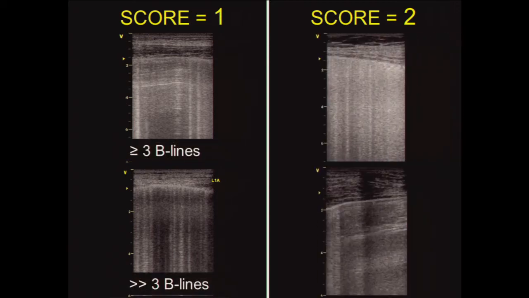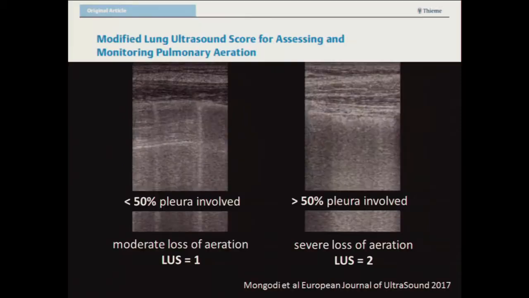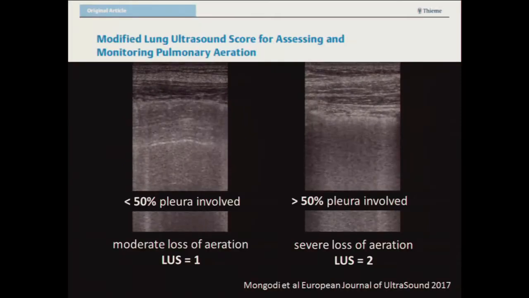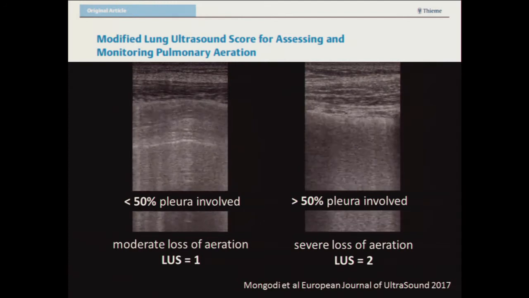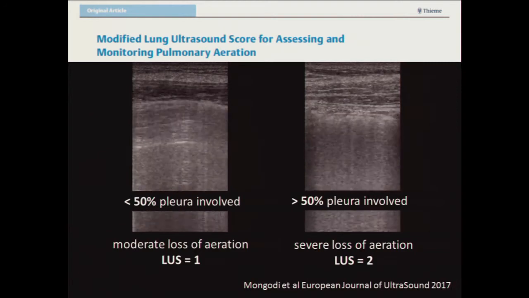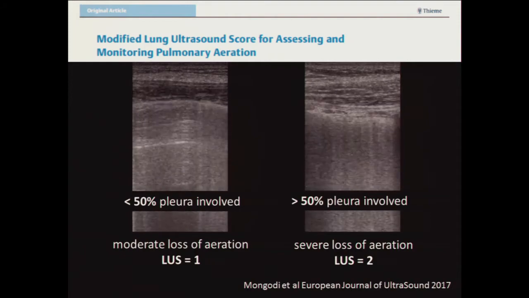And we give 2, so severe loss of aeration, when we see coalescence of B lines, irrespective of the fact that, especially in the early phase of ARDS, patients may show very small localized coalescent B lines. So we simply suggest to give 1 when less than 50% of the pleura is involved, and 2, severe loss of aeration, when more than 50% of the pleura is involved.